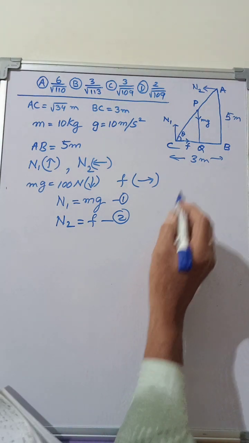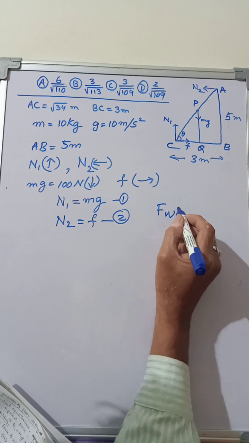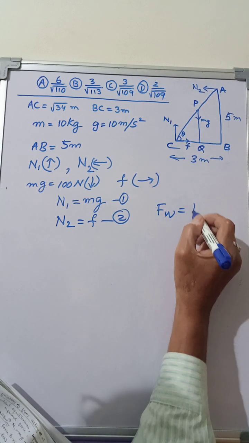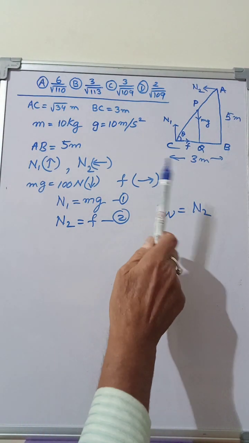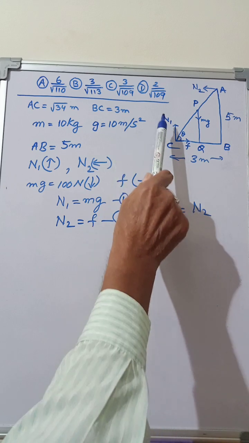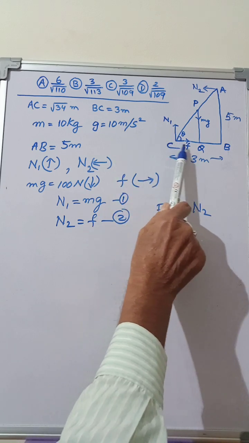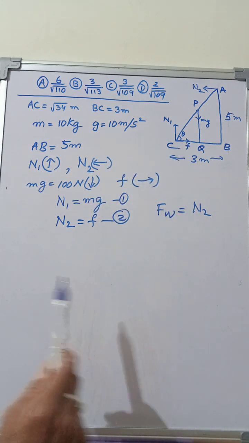Now, reaction force of the wall, Fw is equal to N2. And there are two forces acting on the ladder due to the floor. One is the normal reaction and another is friction, which are mutually perpendicular to each other.